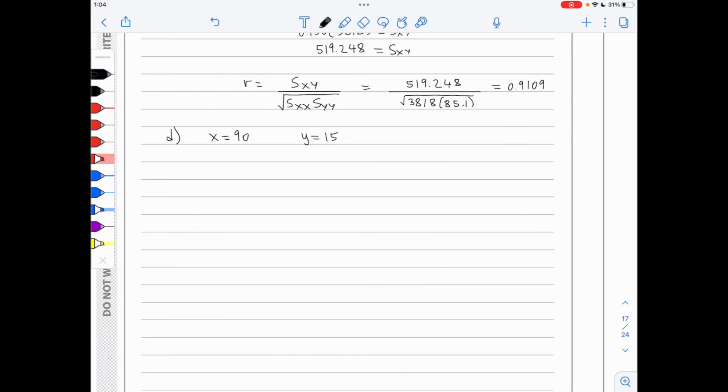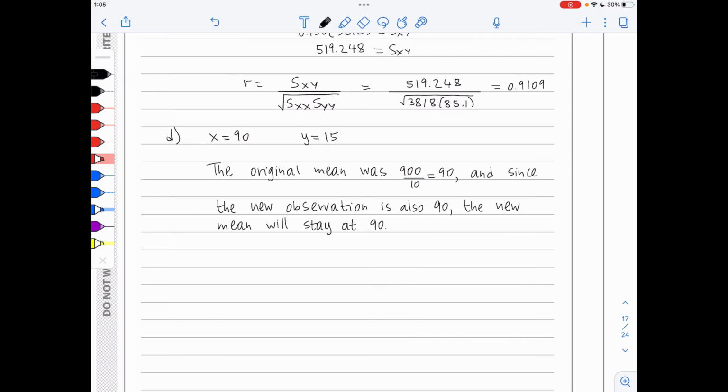Now, the original mean was 90. And we have this 11th shop having exactly the same area as the original mean, and therefore the new mean will stay at 90. So this means that the contribution to SXY will be 0, since we'll have X minus X bar being 90 minus 90, which is simply 0. This means that SXY will stay the same.